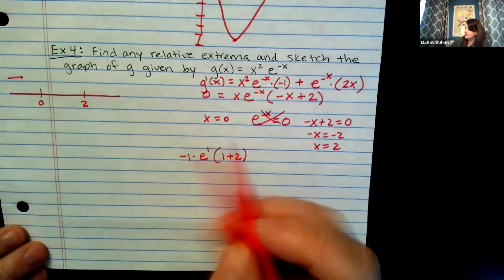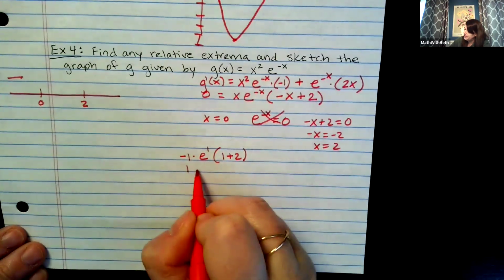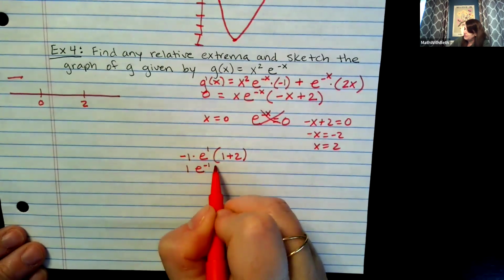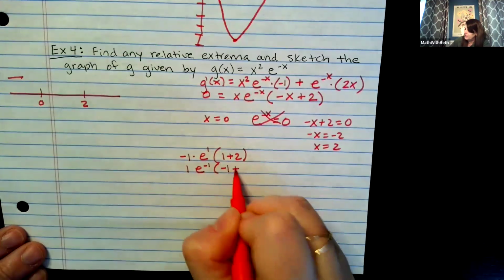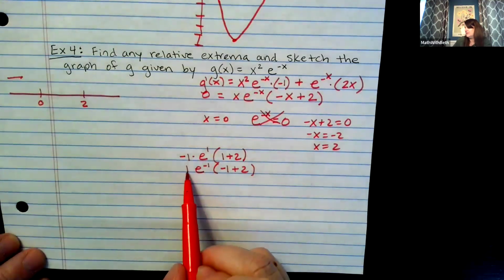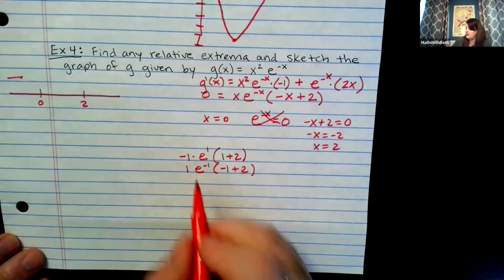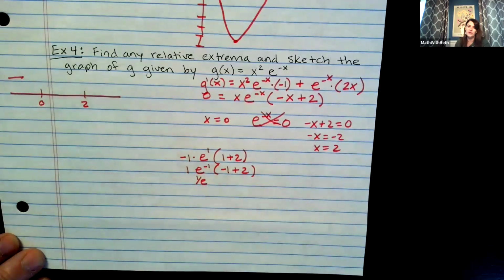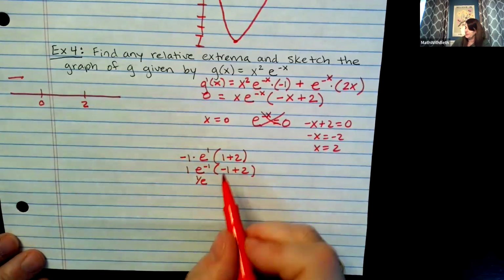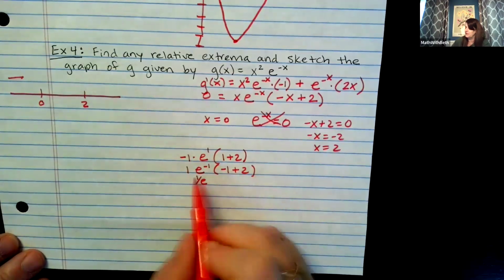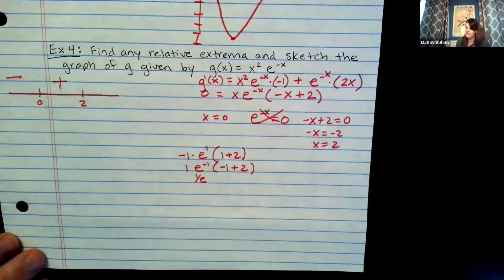If I plug in something like 1, I would get 1 times e to the -1 times -1 plus 2. That is a positive times another positive, because remember, e to the -1 is really 1 over e. It's not a negative number. And then -1 plus 2 is also positive. So all of these are positive.